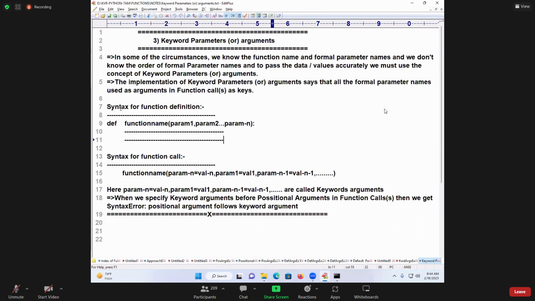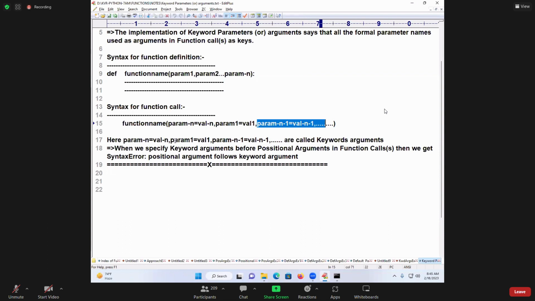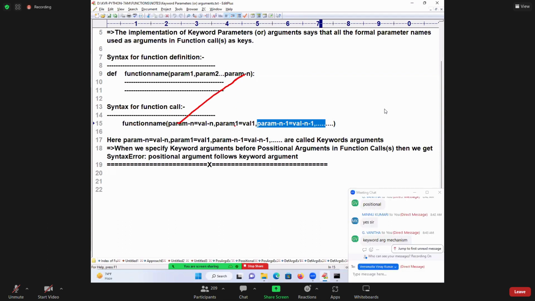What is the syntax? Function name, param1, param2, param n. And one important point, students: function name, param1 is equal to value 1, param n minus 1 is equal to value n minus 1, param n is equal to value n. How are they going to move? Param n, param 1, param n minus 1, etc. It is matching perfectly or not?